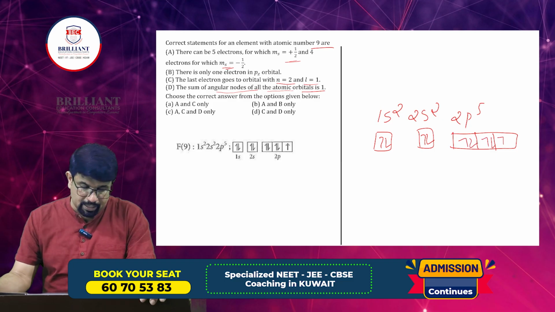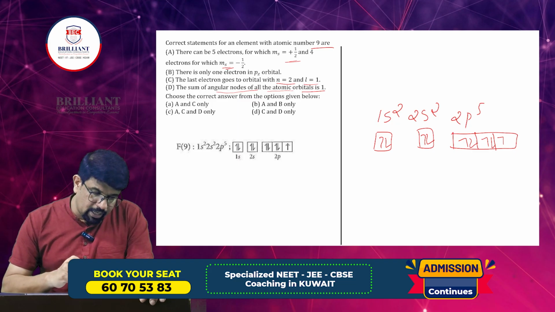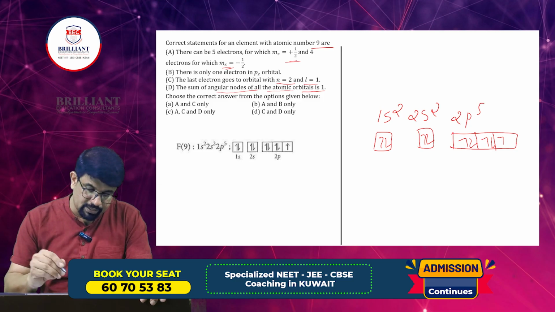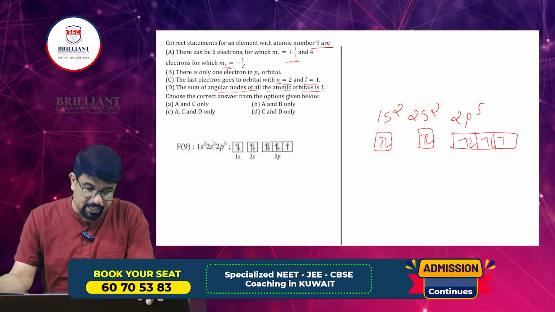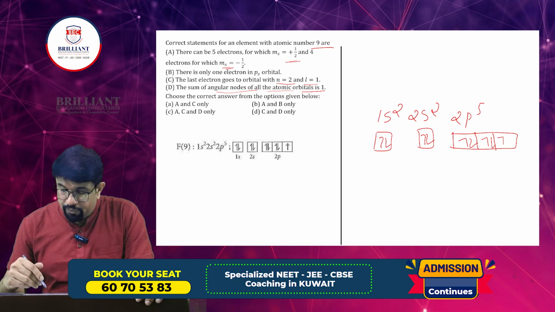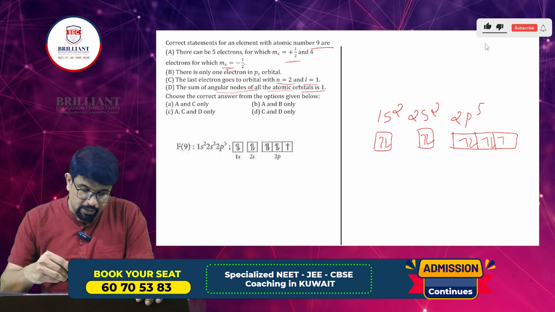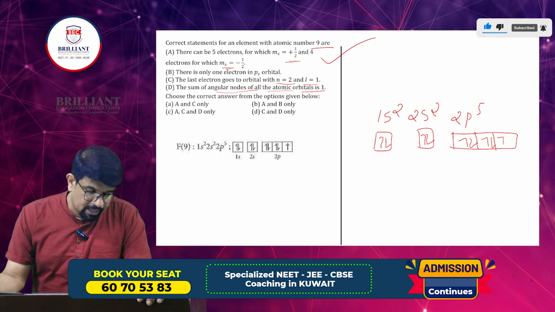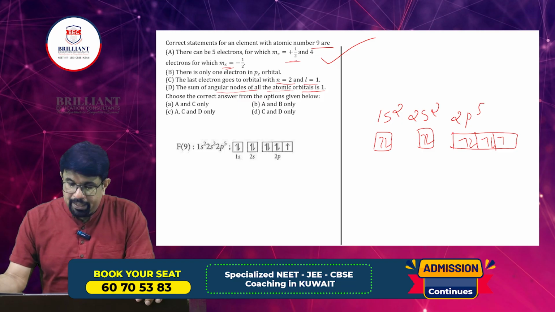5 electrons are there. Then there are 5 electrons with ms value plus half. We will check: 1, 2, 3, 4, 5. Yes, the first half of the first statement is correct. And 4 electrons with ms value minus half: 1, 2, 3, 4. So the first statement is correct. Second, there is only one electron in the pz orbital.